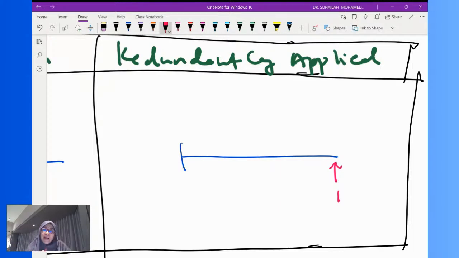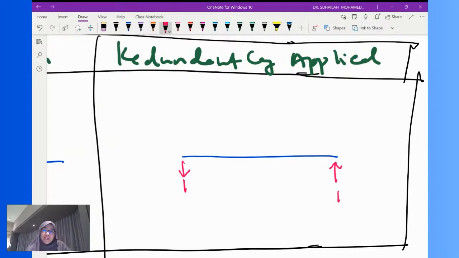For the reaction, remember we calculate reaction to balance the system. If in the system there is one unit value going upward, there will be one downward. So automatically we get AY equivalent to negative 1.